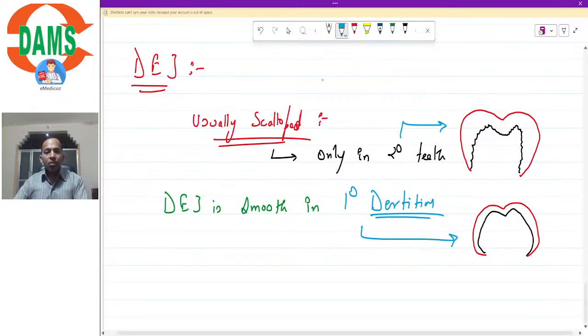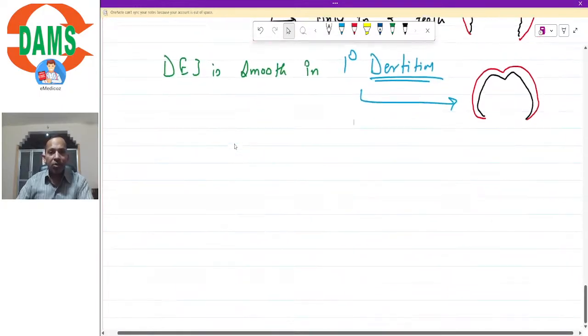Clear? So, if the DEJ is scalloped in permanent and is smooth in primary, what about the cemento-dentinal junction?